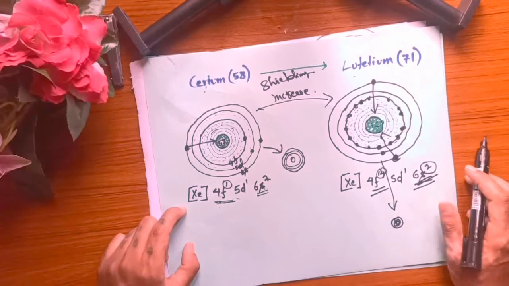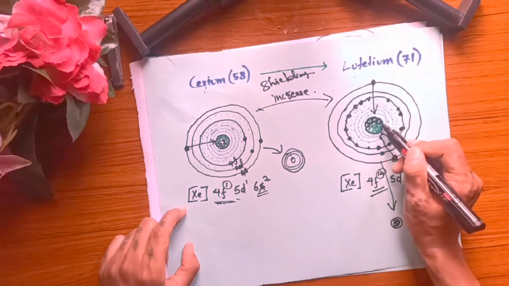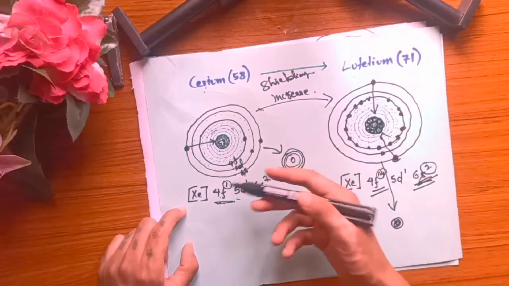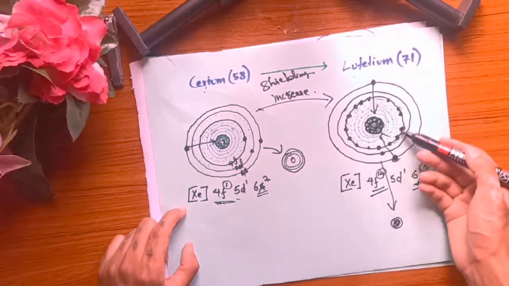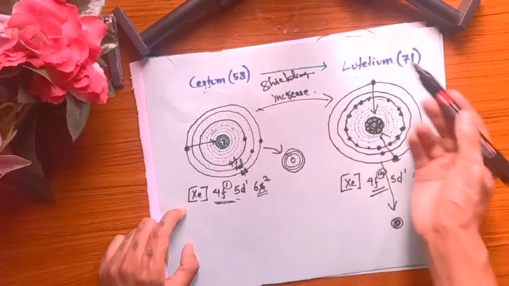So in other words, you can say the increase in the number of protons bypasses the shielding effect, even though there is an increase in the shielding effect on going from cerium to lutetium.